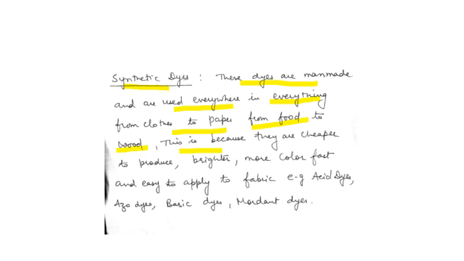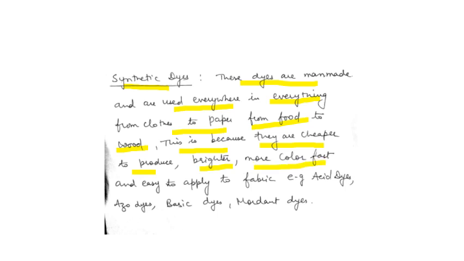This is because they are cheaper to produce. The cost of producing such dyes is cheap as compared to natural dyes, and they are brighter. The colors produced by these dyes are brighter and attract consumers.